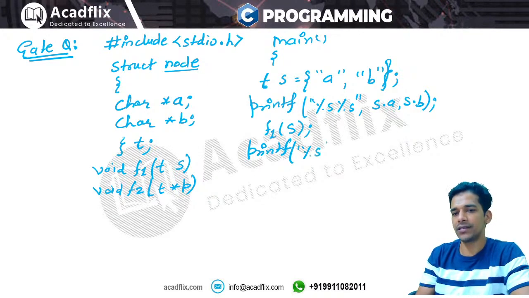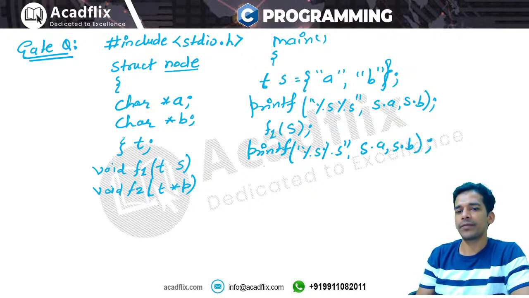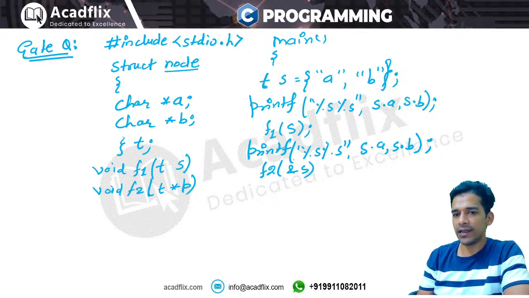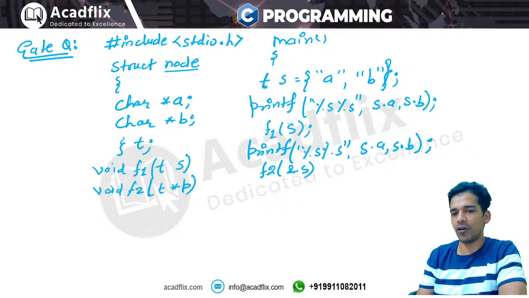Then printf percent s s.a s.b, and then we have f2 with the address of s. We are calling the function f2 by passing the address of the structure. So you can see one thing very clearly: this is a call by value and this is a call by reference, right?